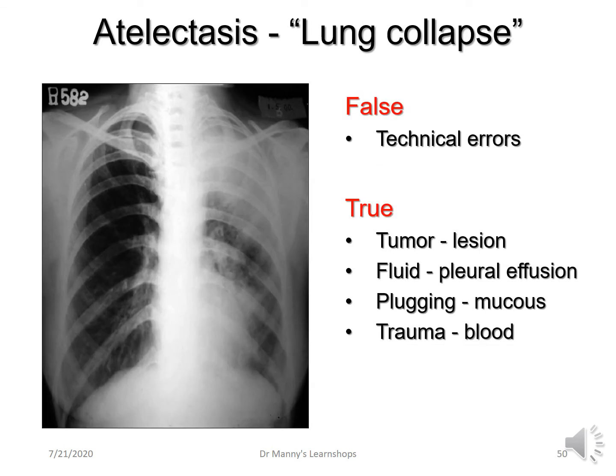Atelectasis. Atelectasis basically means lung collapse. Now, this could be a technical error related to underpenetration. If it was true, then it would be a tumour, fluid, pleural effusion, plugging, mucus, trauma from blood.